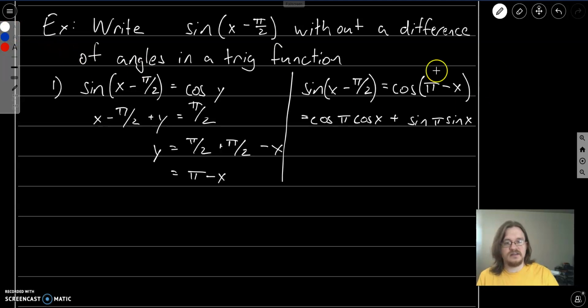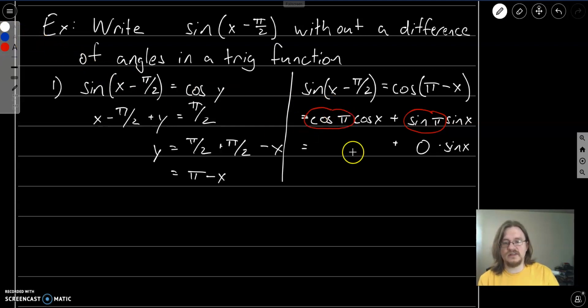The sine of a pi degree angle. This is one of our special functions. Again, pi is the same thing as 180 degrees, and sine of 180 degrees is 0. Well, that's going to simplify quite a bit. Cosine of 180 degrees is another one that we can do.